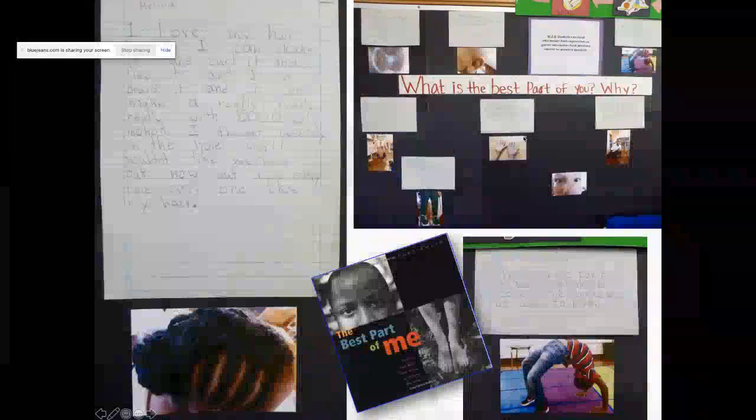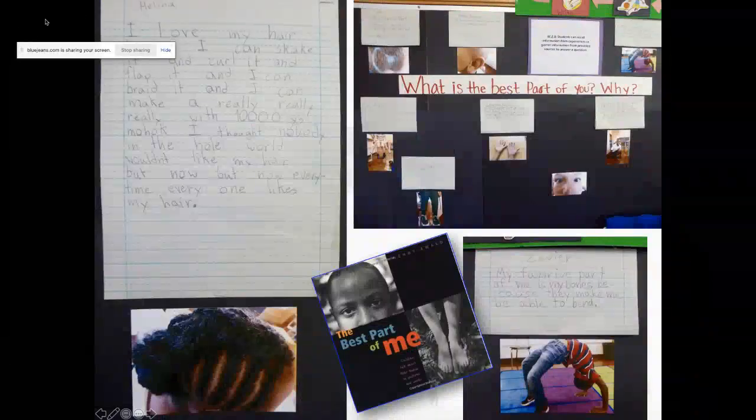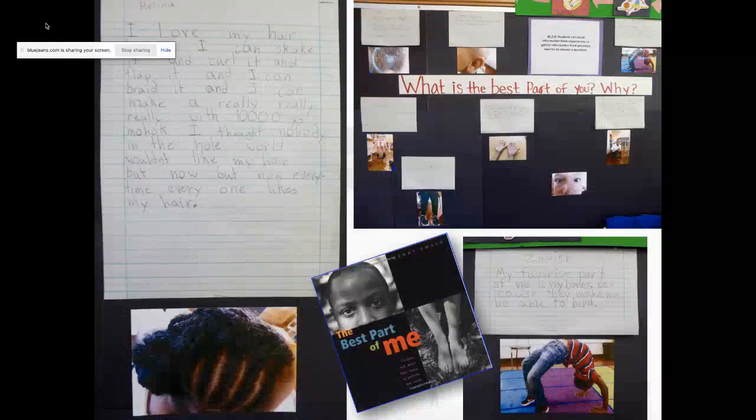Here's another example I love. This is from a book called The Best Part of Me by Wendy Ewald. And what she did is she was working with students with cameras and asked them to photograph parts of their body that they like. What is your favorite thing about you? And so they're photographing their hands, their hair, their feet, different parts of themselves. And then using those photographs as a way of initiating a reflective writing process, whether it's poetry or just simply reflections.